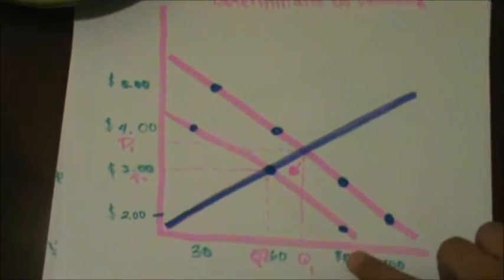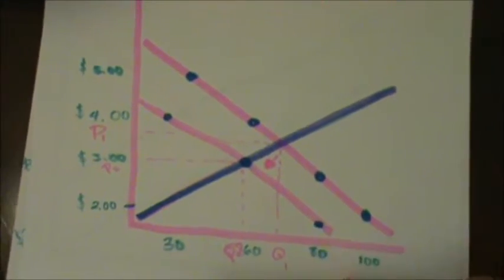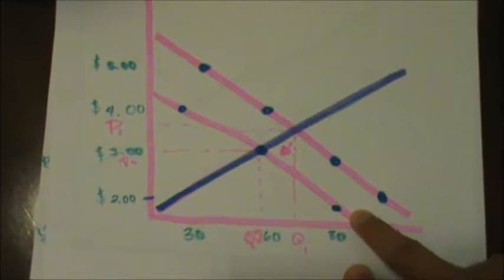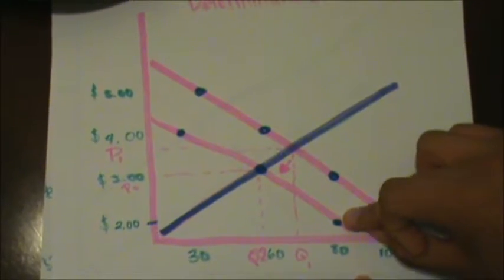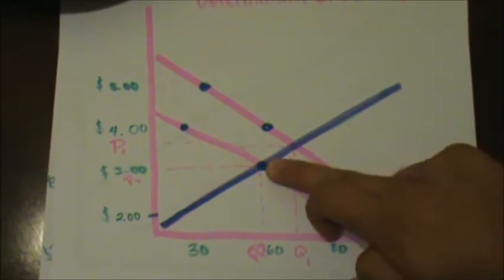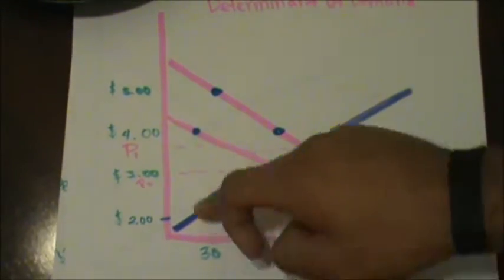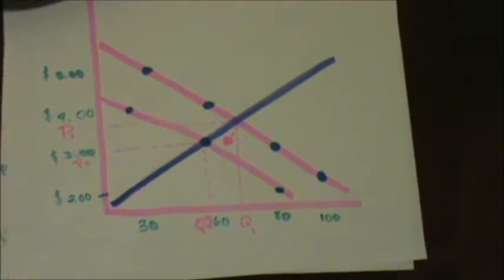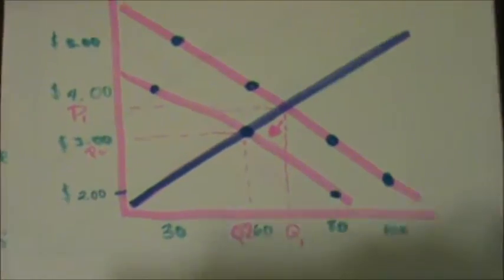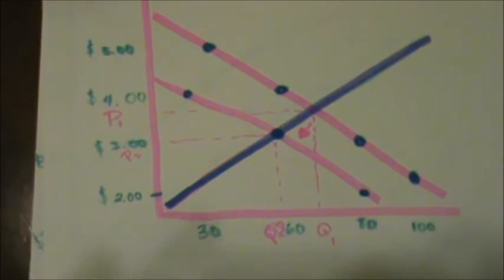So it's from 80, it goes to $2, and 100 would be 0. So it would be 80 at $2, 60 would be $3, 30 would be $4. And our equilibrium would also show a difference in the graph.